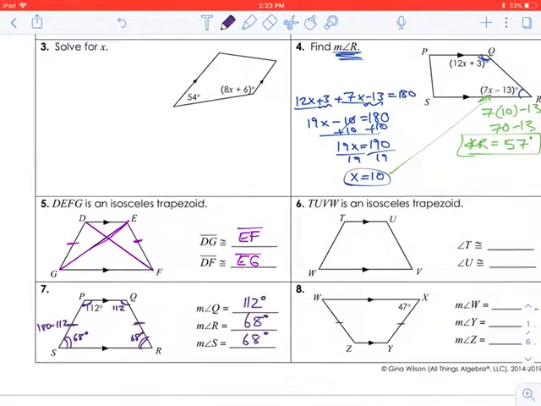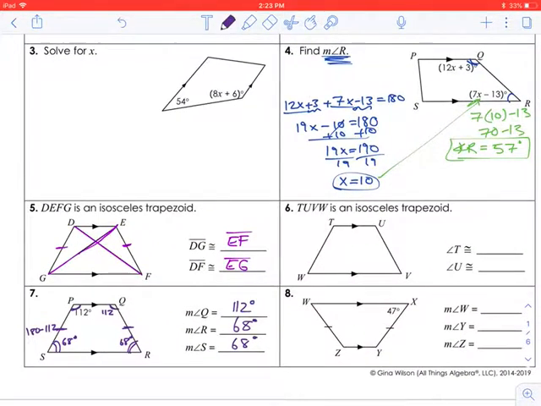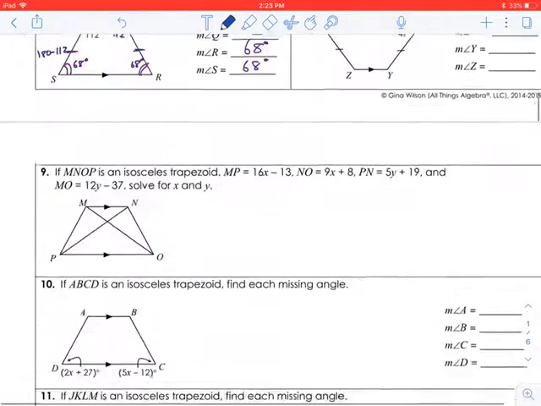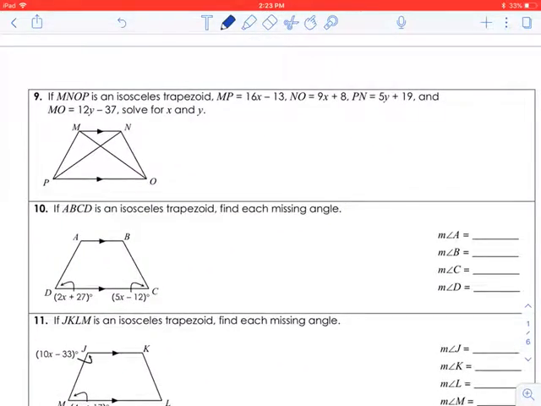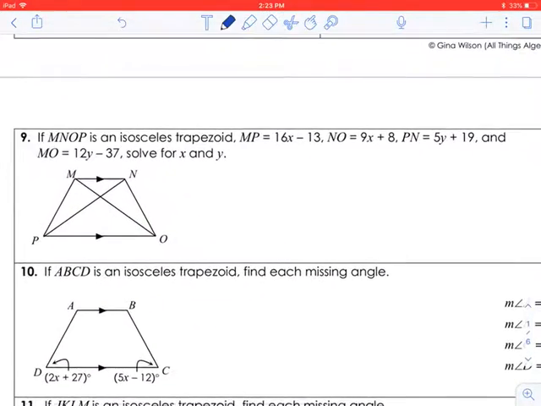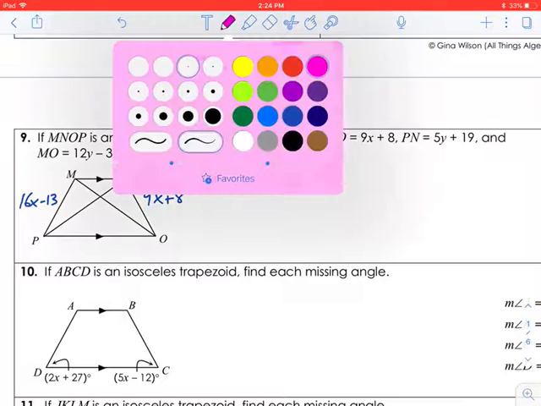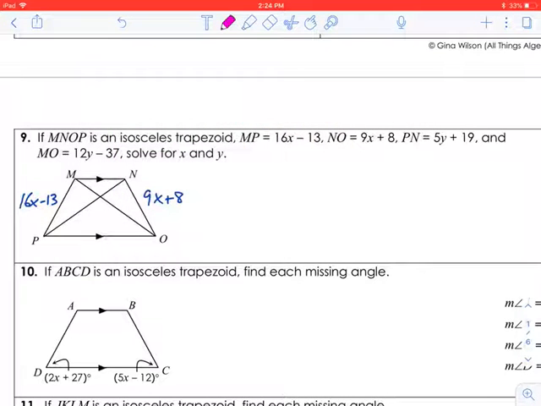All right. So let's go to the back side here, talking about a couple other things with isosceles trapezoids. For instance, number 10, it's telling me MP is 16x minus 13. It's telling me NO is 9x plus 8. And it's also telling me PN, so that's one of the diagonals, is 5y plus 19.